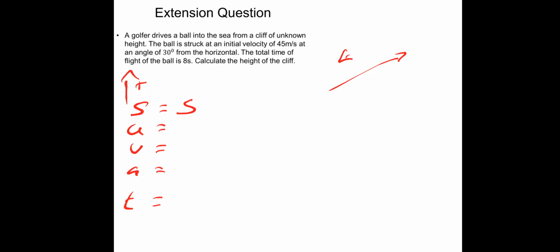So let's just write SUVA. We'll take up as positive. So the displacement S is what we're looking for, so I'll just call that S. The initial vertical speed, well, if we had this diagram, 45 meters per second at an angle of 30 degrees, the vertical one is opposite, so that's 45 sine 30.